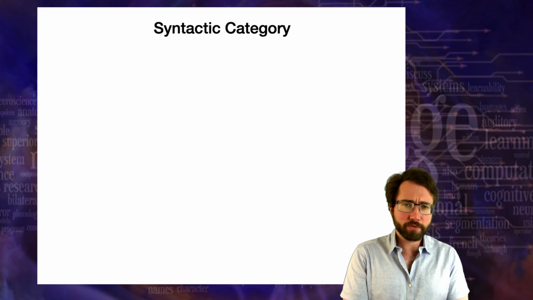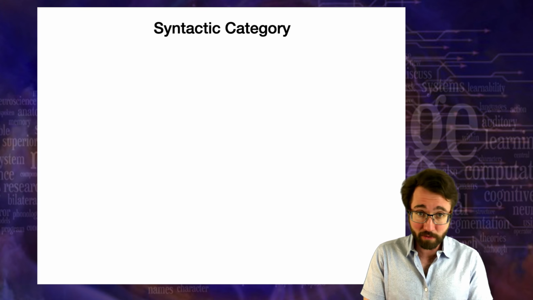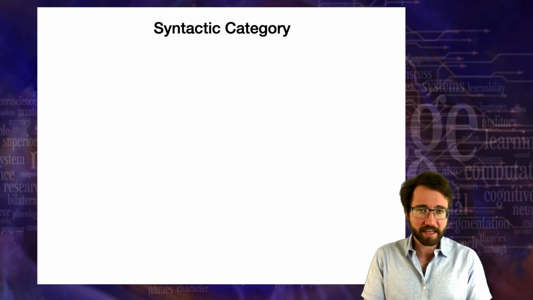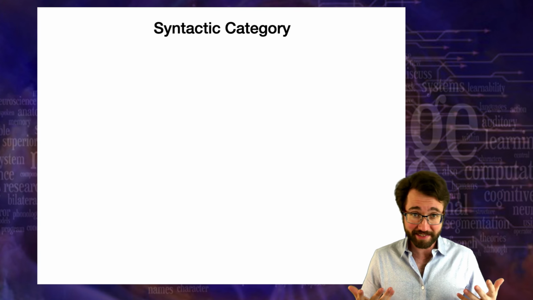So I'm going to go through some examples of syntactic categories, and we're going to look at them in a slightly different way than we did last time. We're going to start thinking about the structure of rules as they combine together to form whole phrases and eventually whole sentences.